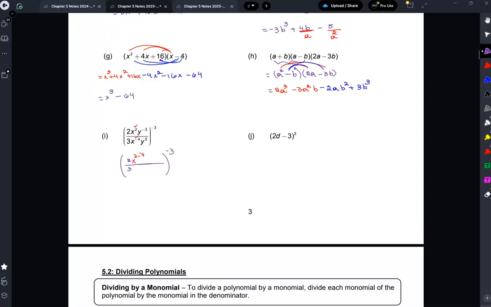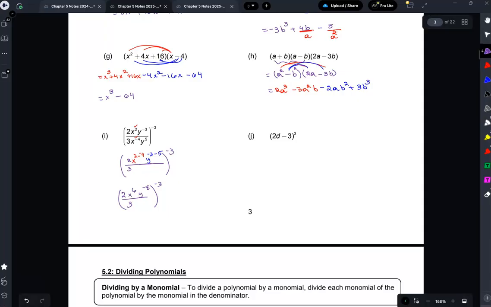Then what do I have? I have the y. Y to the power of negative 3 minus the exponent in the denominator. So let's see what we got. 2 x to the 6 y to the negative 8 over 3, to the power of negative 3.